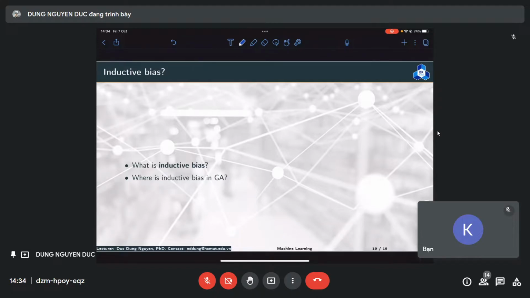But there's no guarantee. That's just an assumption, right? And there are many other things we have to talk about in GA, but speaking of inductive bias in GA, there are so many. They pose so many assumptions before you use this algorithm. Okay, so beware of that, and you will do well.